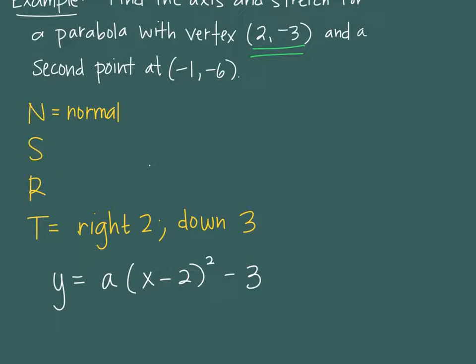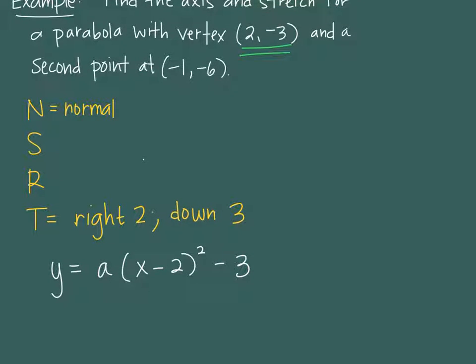What do I do with the second point that was given to me? Well, the second point is not the vertex, but it's x and it's y. So that second point is going to get plugged into the x and the y. I'm going to plug those right in. That's going to help me figure out what the stretch is, because this parabola has to start at the vertex and then stretch somehow and get to that other point.